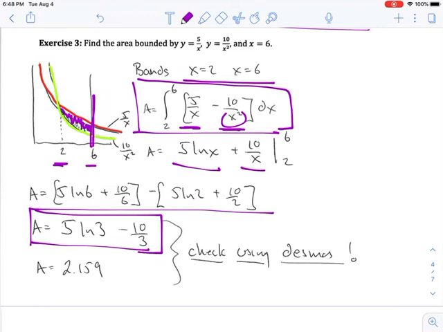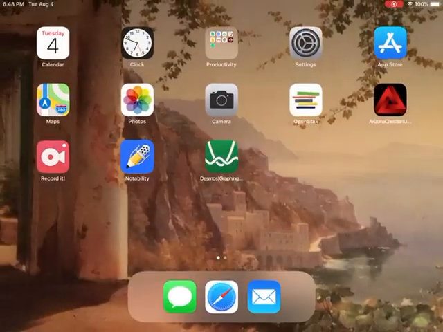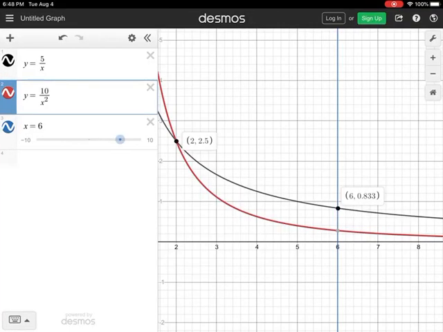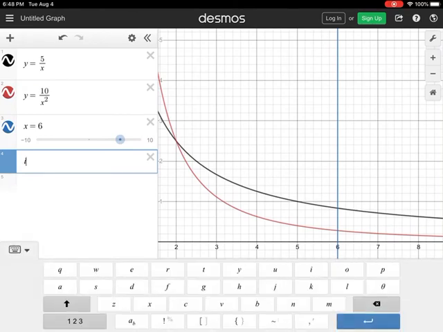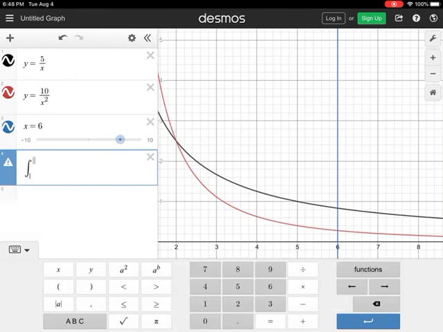How can you check to see if that answer is correct? Well, let's go back and do this again in Desmos. So we're going to type in int, and we are integrating from 2, and the upper bound was 6. And so let's put, I only need one set of parentheses here now.